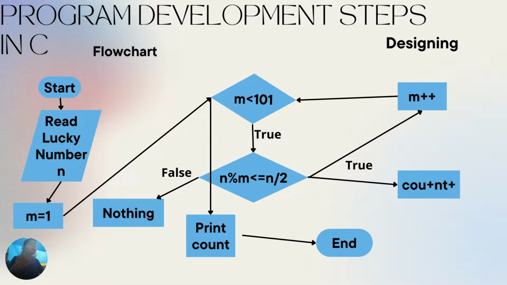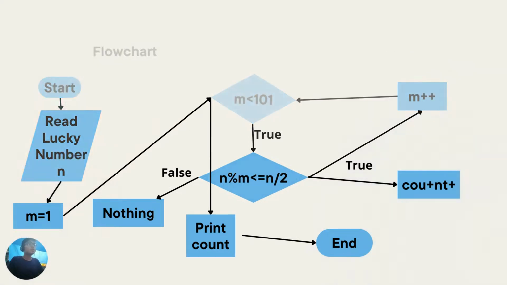If it's true, then the decision control statement will be executed, which essentially is our expression. If that is true, then the counter gets incremented. Finally, when the loop iteration completes, we'll print the counter and end the process. That is what is being asked in this question. So this is the flowchart.